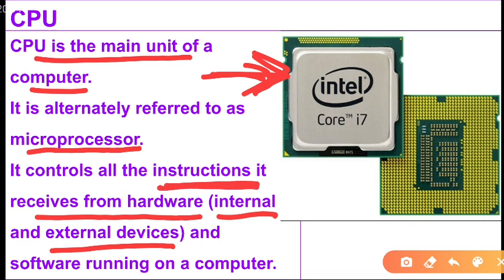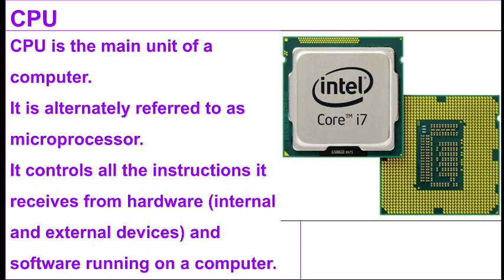We are giving instructions to the computer. Whenever we click on the mouse or the keyboard, that instruction is sent to the CPU, and the CPU controls these instructions that it receives from the hardware devices. It also controls the software which are running on the computer. So who controls the hardware and software? Both. The CPU.